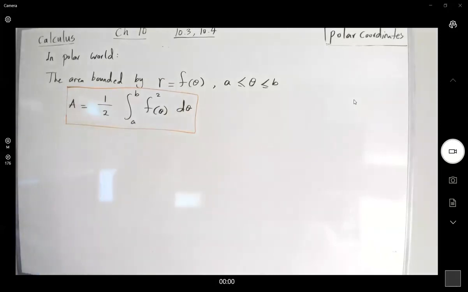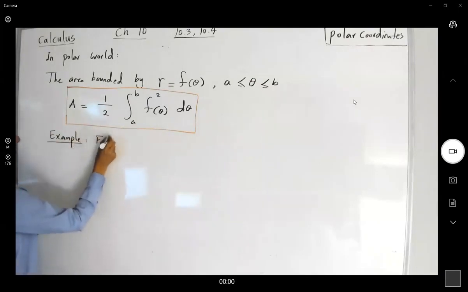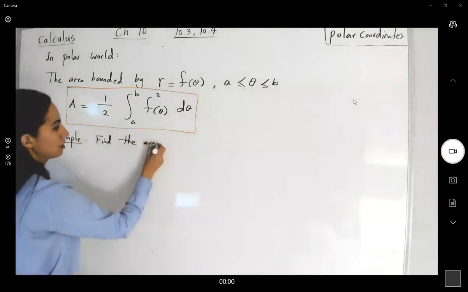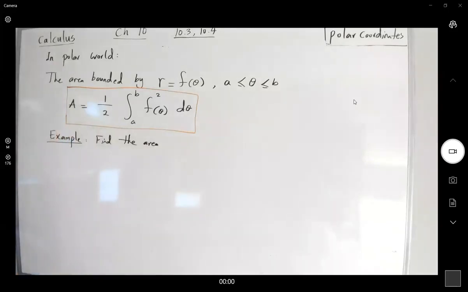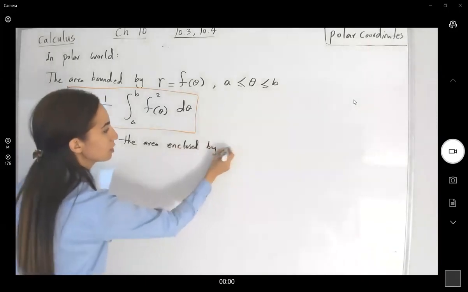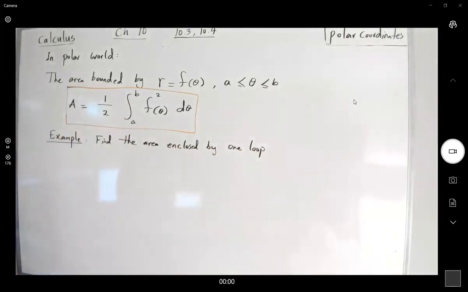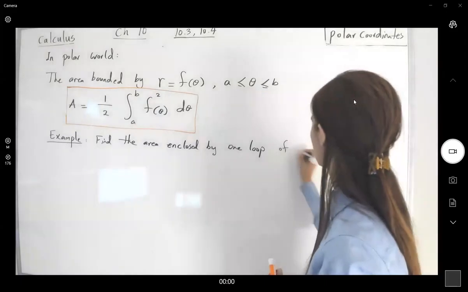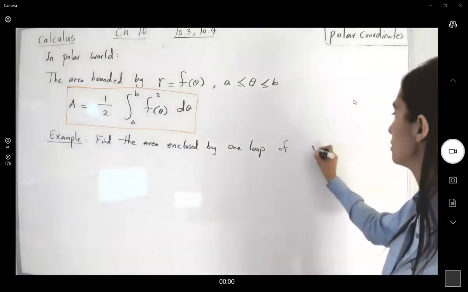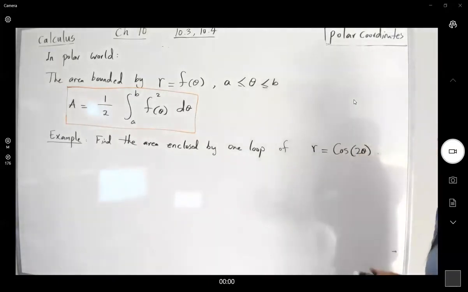For example, find the area enclosed by one loop of the four-leaved rose, which is defined as r equals cosine 2 theta.